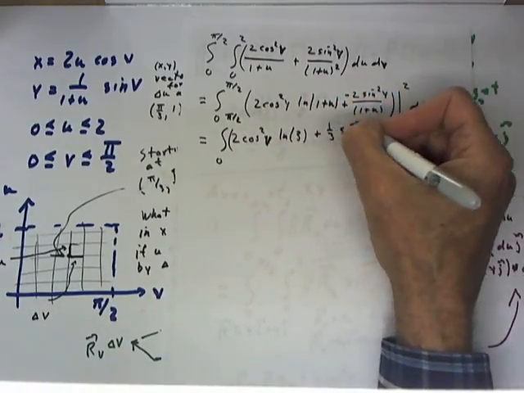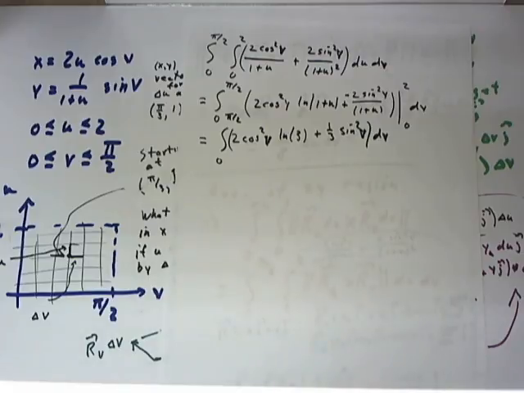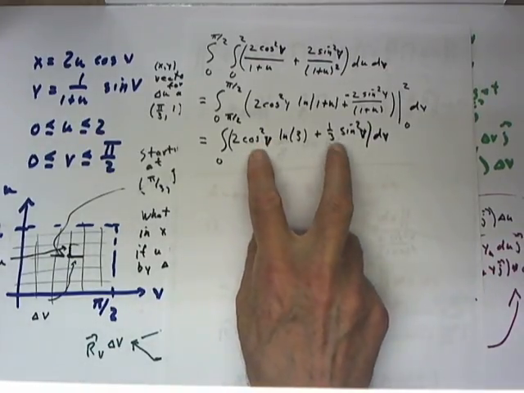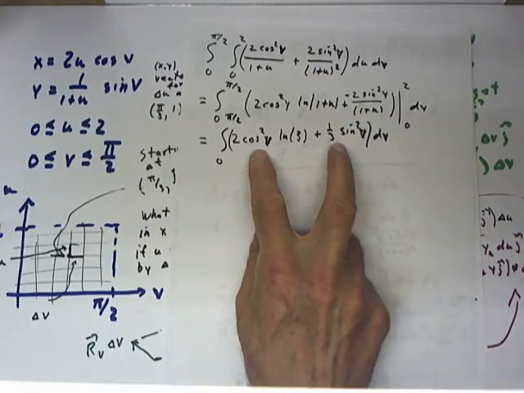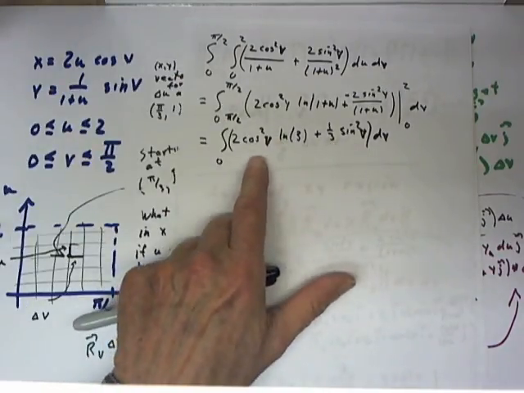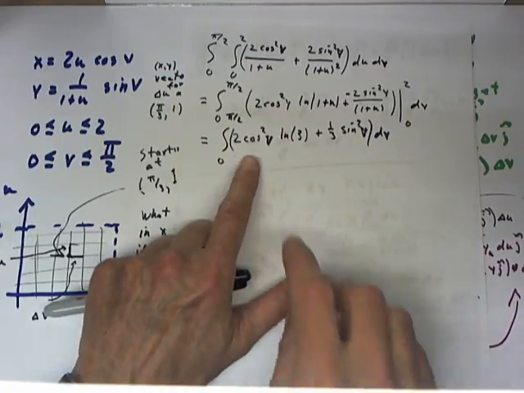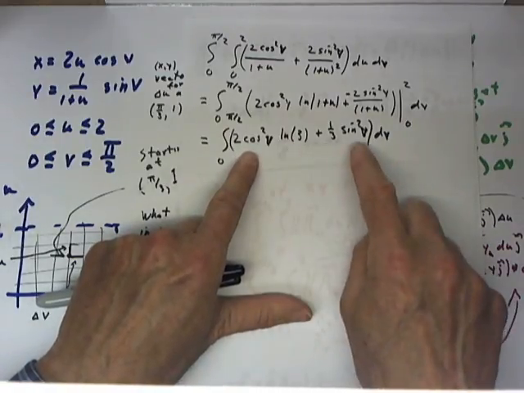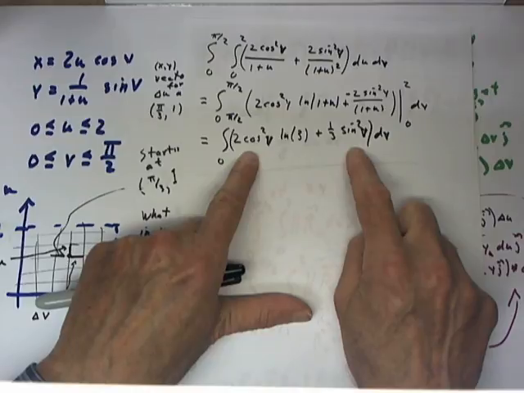I keep writing y instead of v, but there we go. The average value of the sine squared or the cosine squared over any interval that is bounded by multiples of pi over 2, as this one is, is going to be 1/2, so the average value of the cosine squared and the average value of the sine squared are both 1/2.